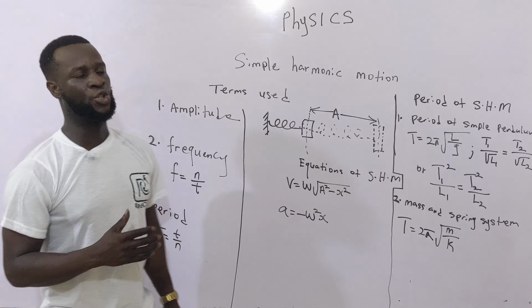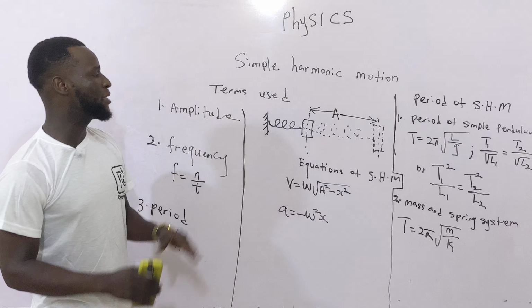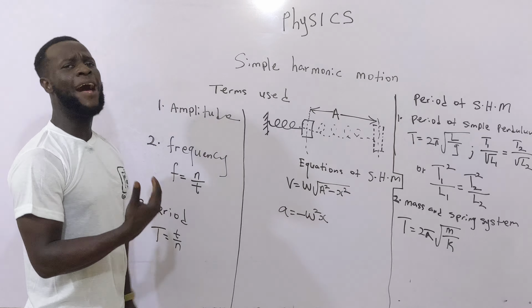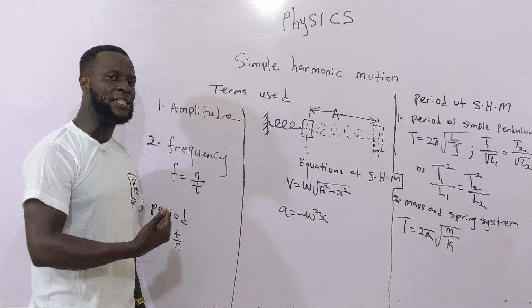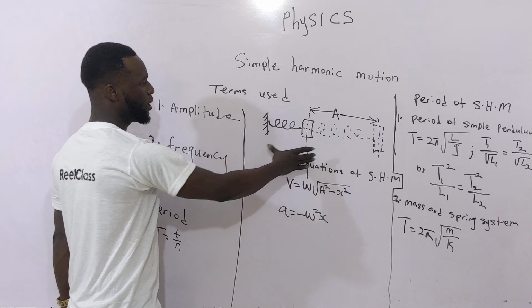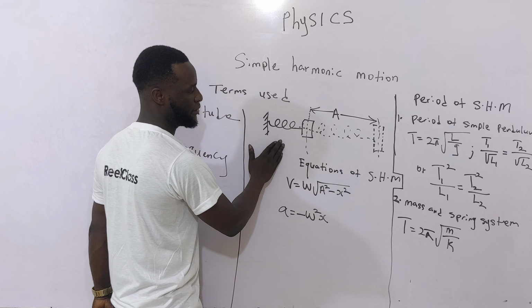Here in simple harmonic motion, there are some terms that are very important that we must know. Terms like amplitude. What do we mean by amplitude? Amplitude is the maximum displacement of the body from the equilibrium position. In this diagram I have here, this is an example of a mass and spring system.